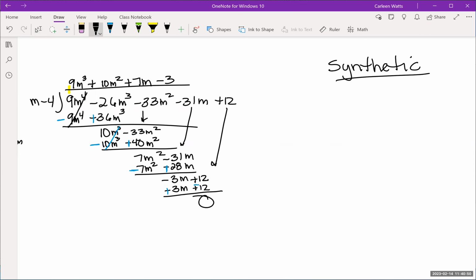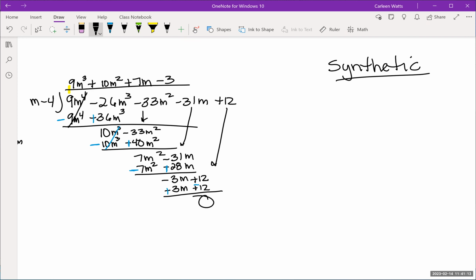Will this be on the test? Yes. You need to know how to do long division on the test. Now there'll be one with long division, one with synthetic division. Okay, everyone, if you feel like you're dying right now, you're going to like synthetic better. I promise. So tune back in.